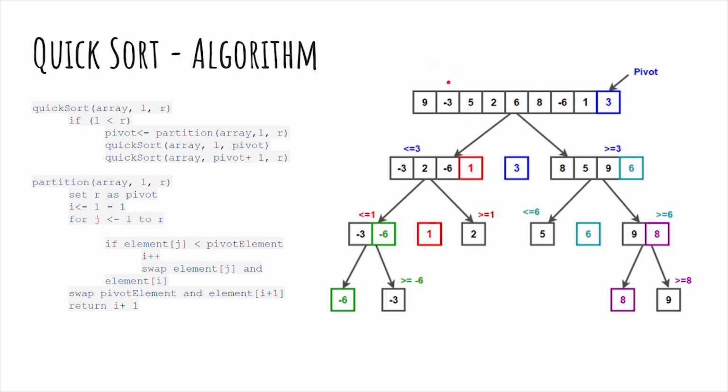Now we have j at minus 3 and I here. Now minus 3 is less than 3 obviously, so what will happen is I will increment and come here and I and j elements will swap.